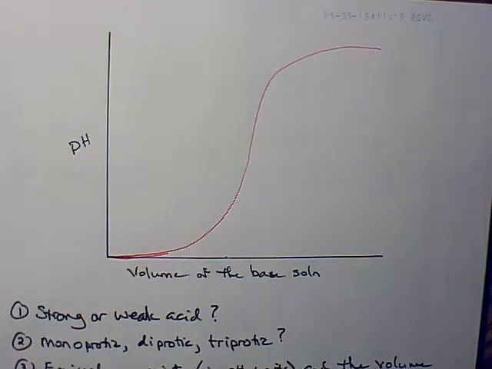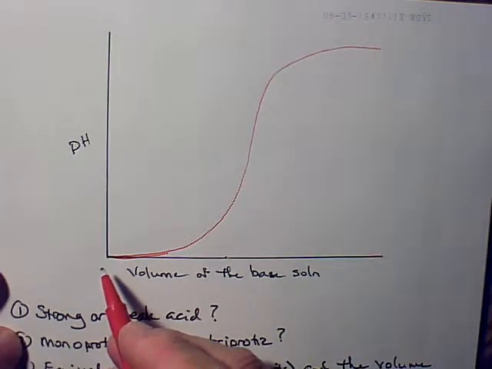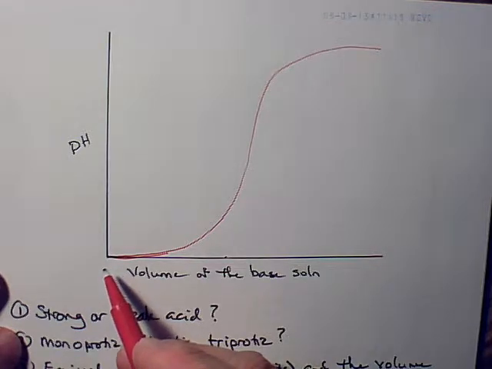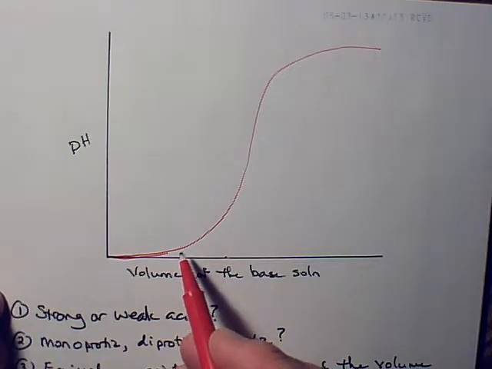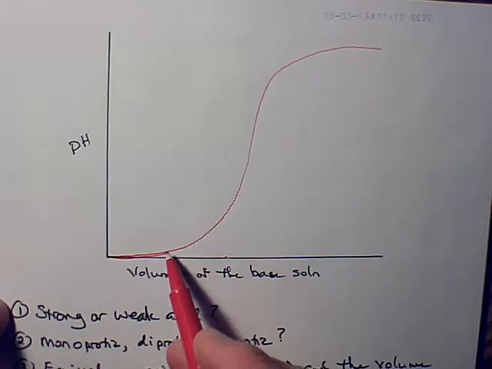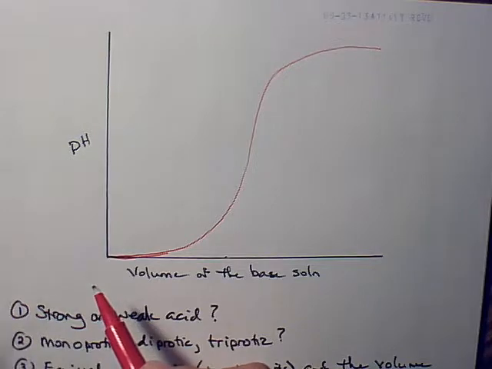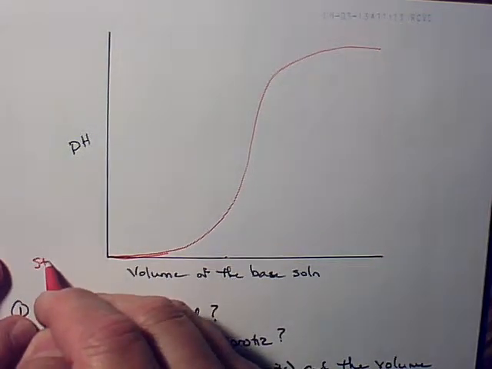I can tell because the curve started at or below 0, or if it appeared that it might have started at or below 0 but had been diluted, so it started somewhere up here instead. So it might start at 0, might start below 0, or what we can determine from the graph is that it looked like it might have started down there if we had started with a strong enough concentration. That tells me that it's a strong acid.